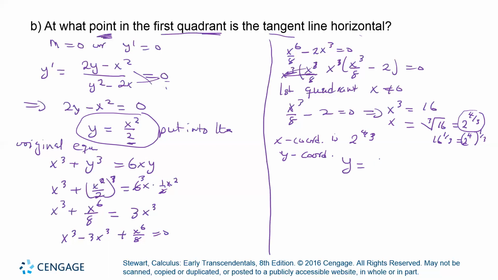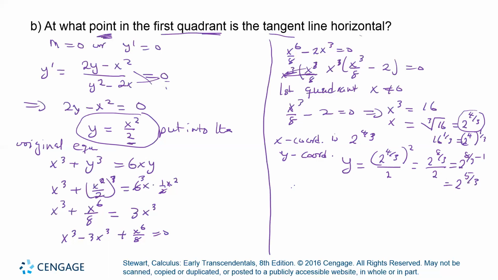So that is 2 raised to 4 over 3, all squared, divided by 2. That is 2 raised to 8 over 3, divided by 2, which is the same as 2 to the 8/3 minus 1. Then that will give us 2 raised to 5 over 3.